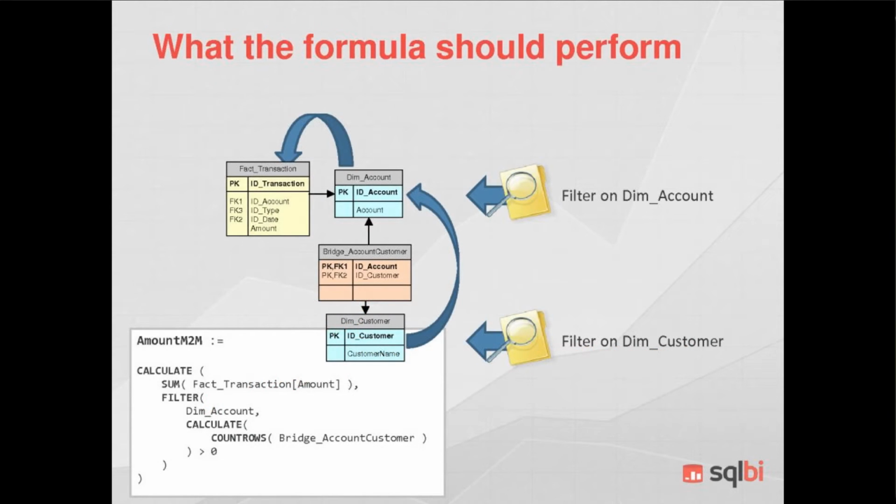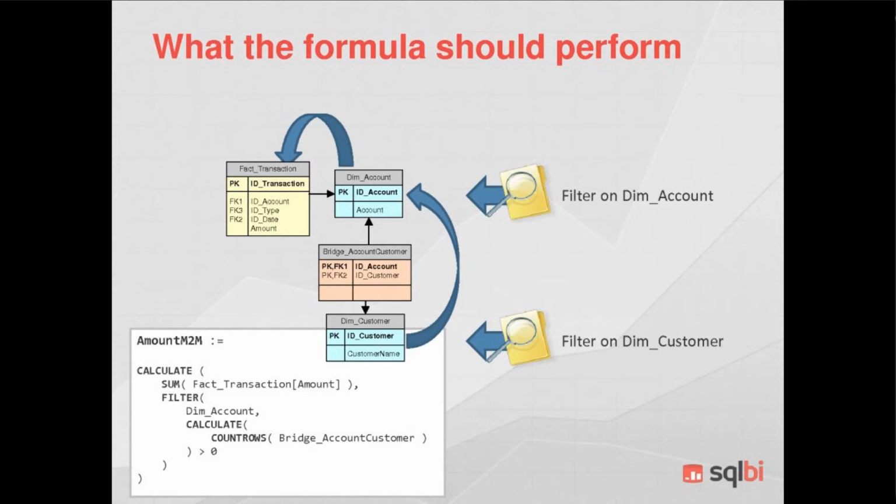So, let's focus on our job. We have dim customer. The user puts a filter on dim customer, and we want to take the filter from here and move it there on dim account. So what we need to do is this jump.